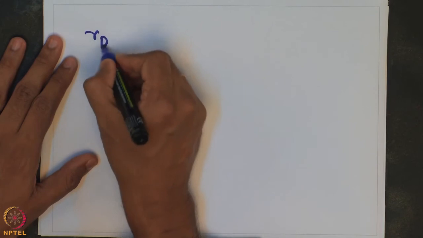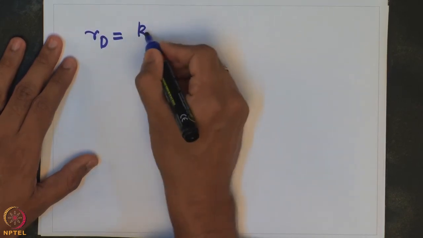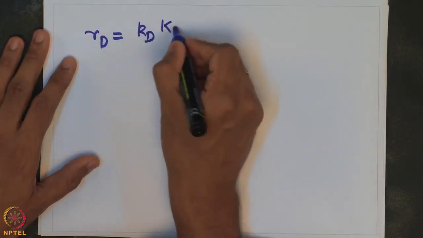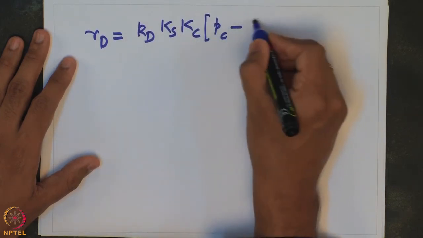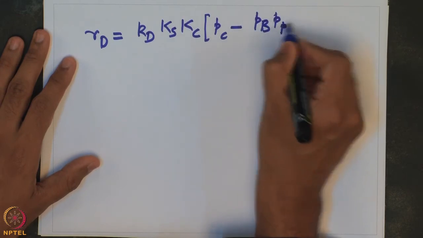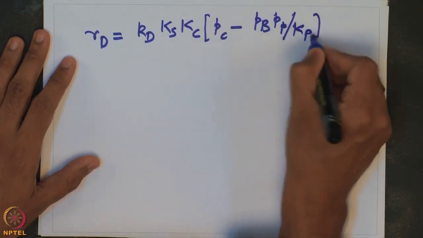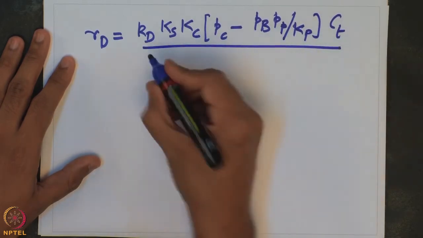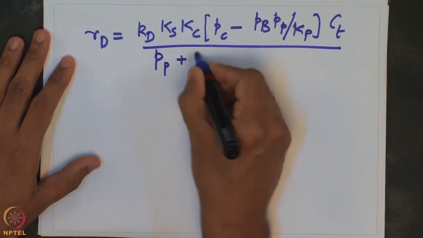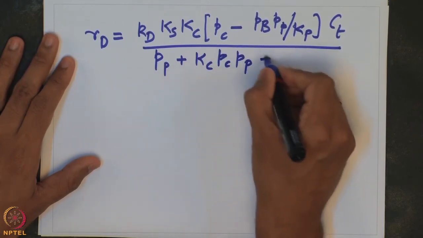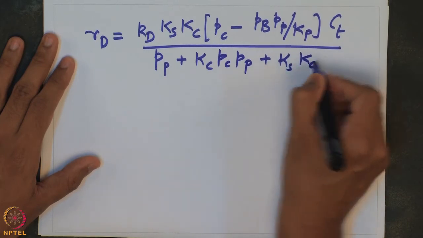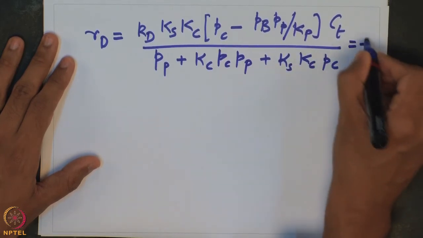We can further simplify this expression to get that Rd is equal to Kd Ks into Kc, that into Pc minus Pb partial pressure of propylene divided by Kp multiplied by Ct, the whole divided by partial pressure of propylene plus Kc Pc into partial pressure of propylene plus Ks Kc into Pc, and that will be the overall rate.